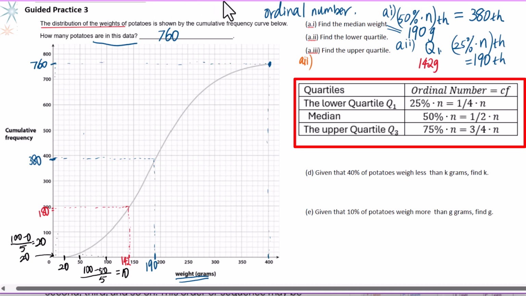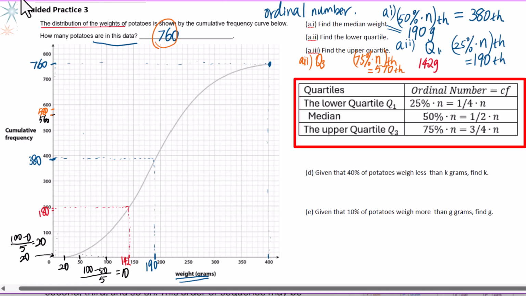For the upper quartile, Q3, the ordinal number is 75% times n. n is 760, which equals 570. So go to 570. This is 580. This is 560.